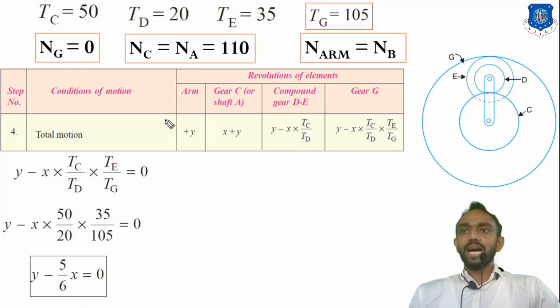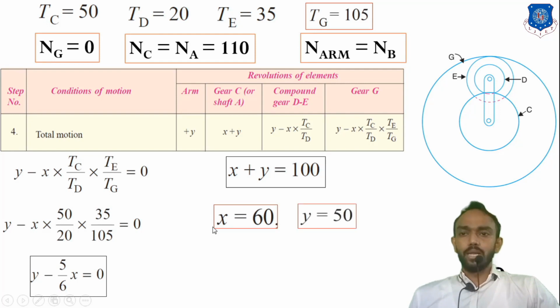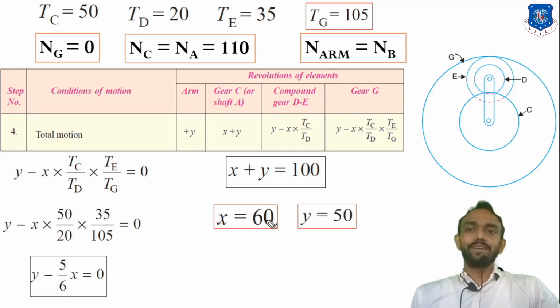Now equating x plus y with the given speed, and by eliminating either x or y, we can find both. X is equal to 60 and y is equal to 50. Whenever you find x and y, you can find the speed of any gear. So we know x and y, and we want to find the RPM of the arm.